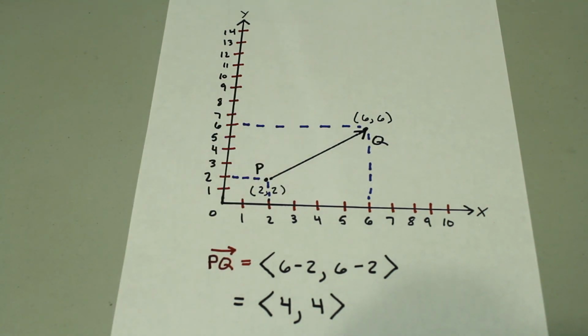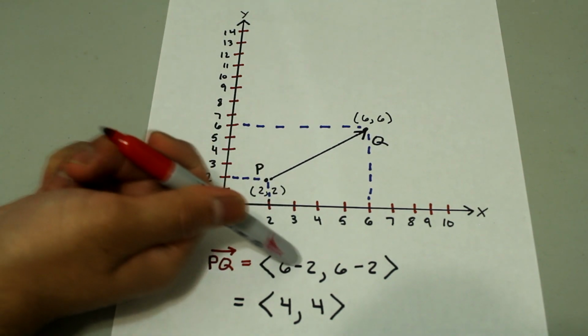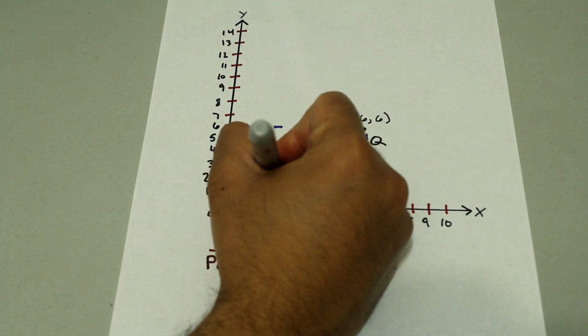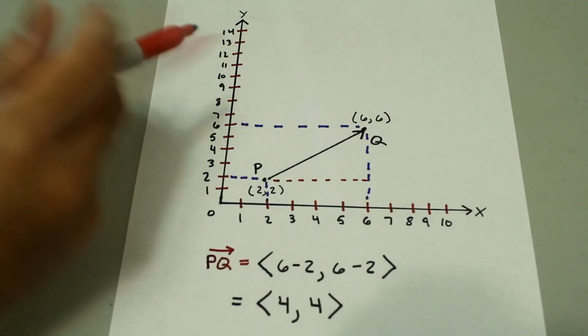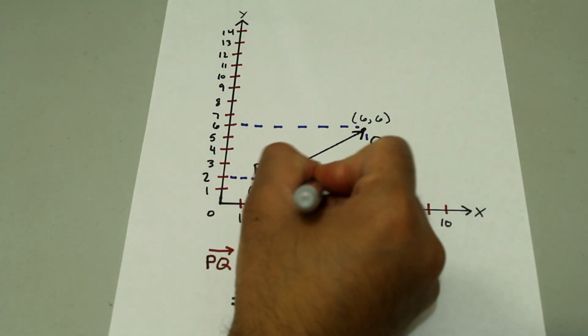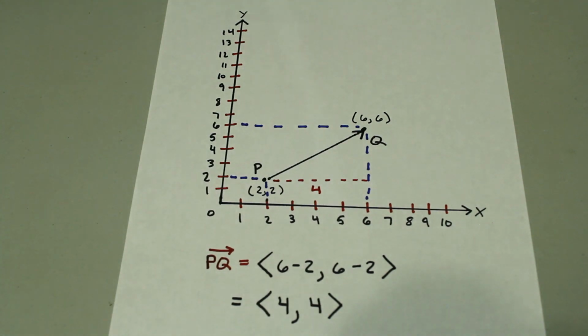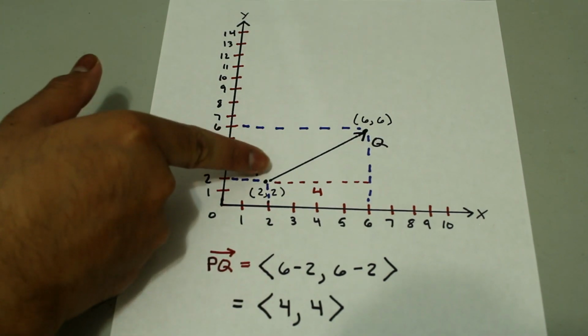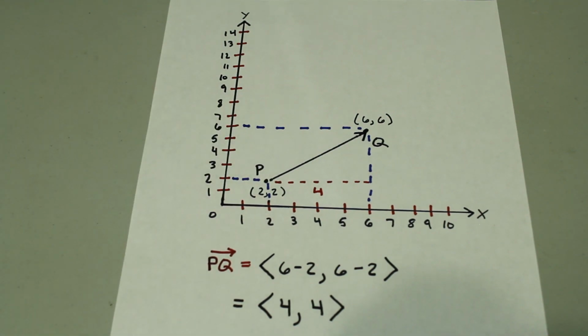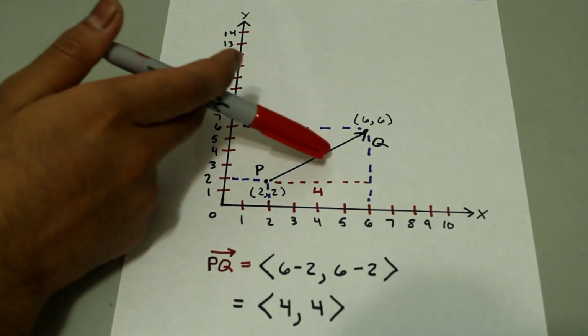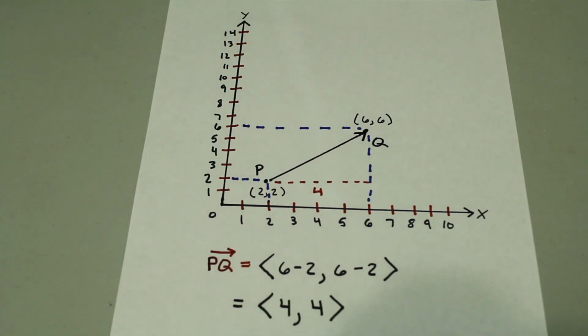So in this case, that's how we get 6 minus 2. If we were to draw it on the diagram, this 4 comes from the distance from the x value of point P and the x value of point Q.